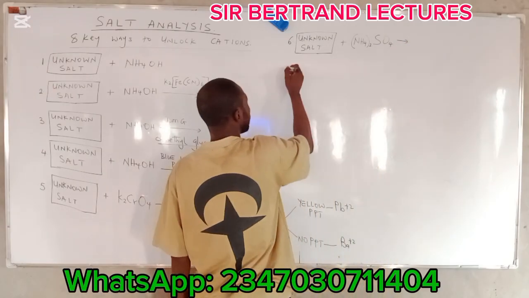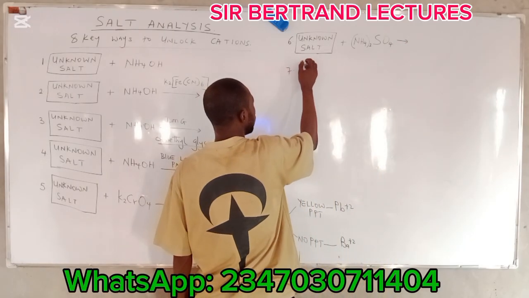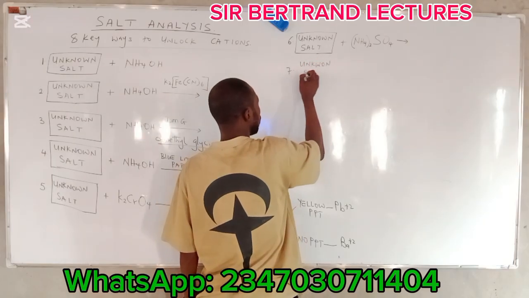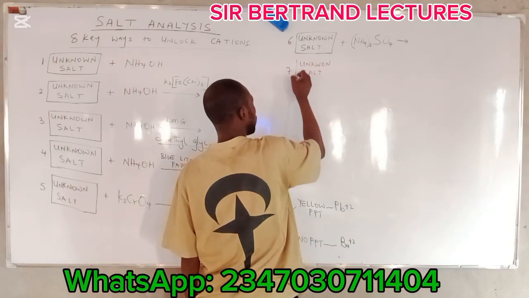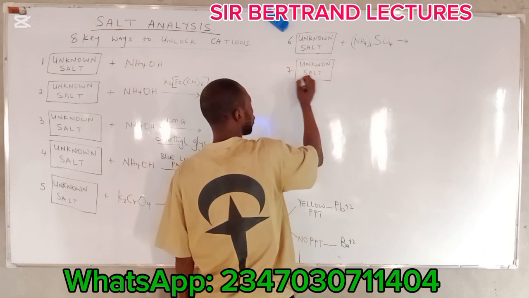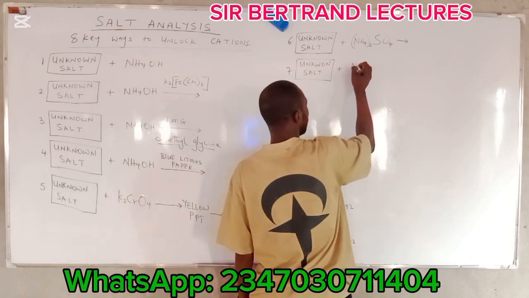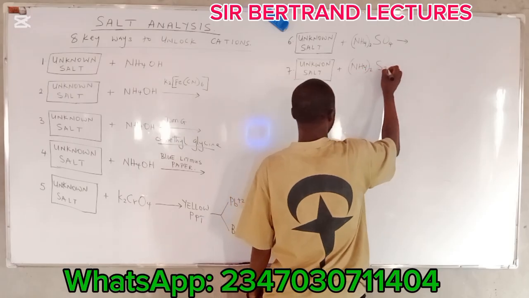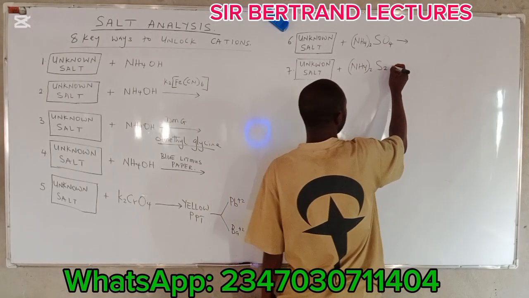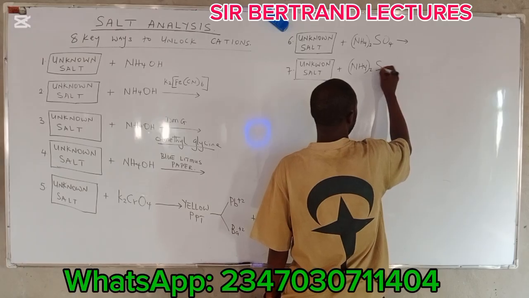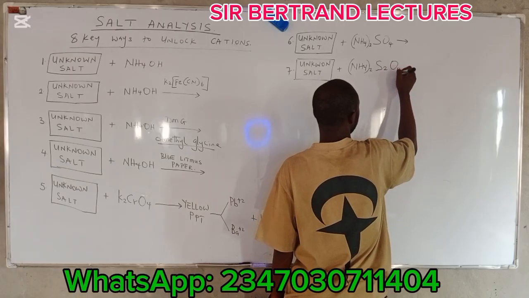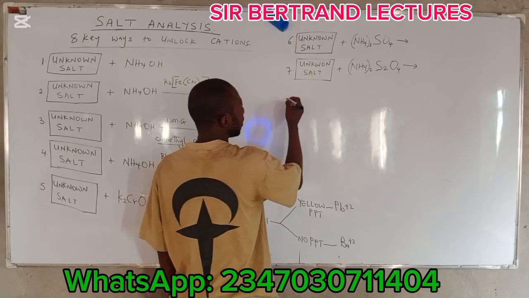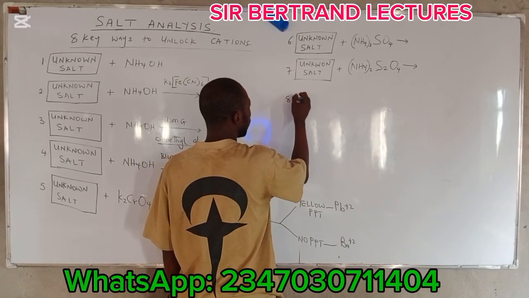Definitely it will give us white precipitate. The number 7, to an unknown salt sample, you add ammonium persulfate. It's still going to give us white precipitate again. Then number 8, which is the last one.